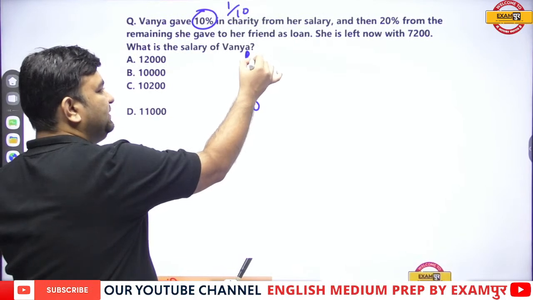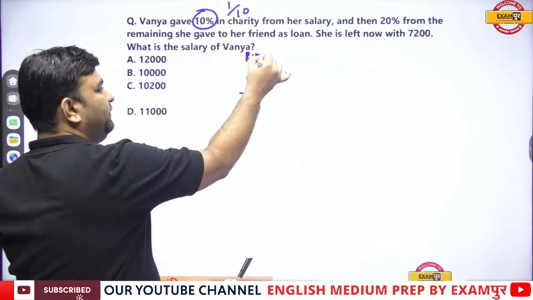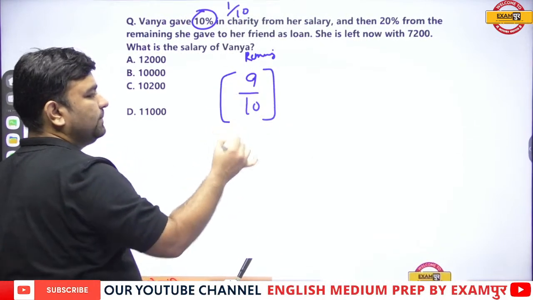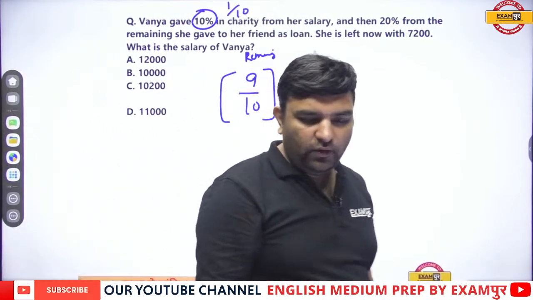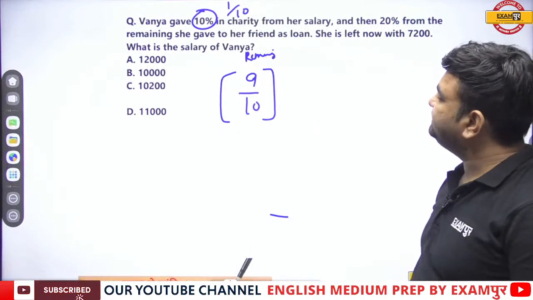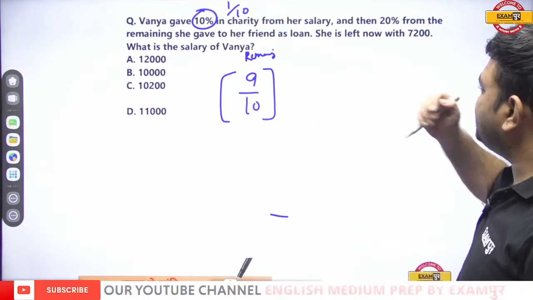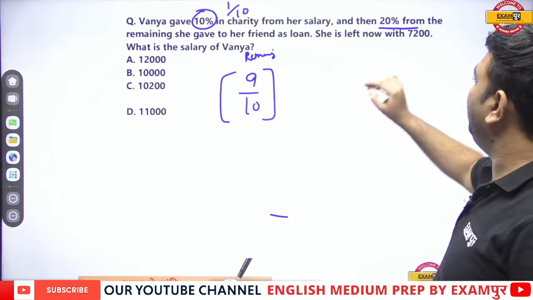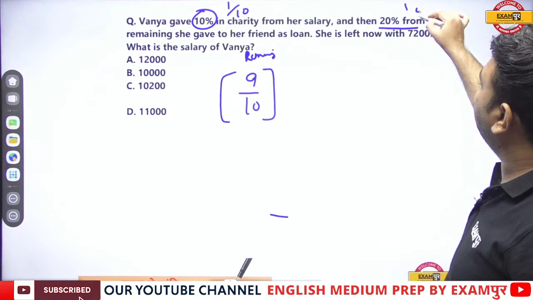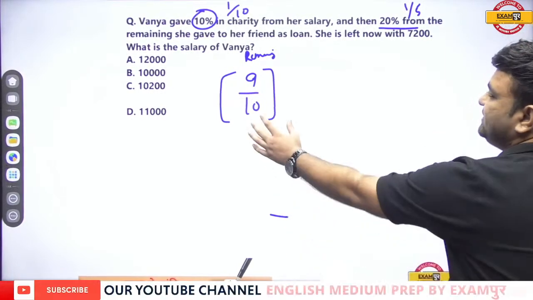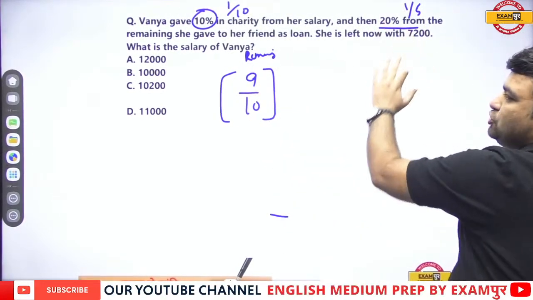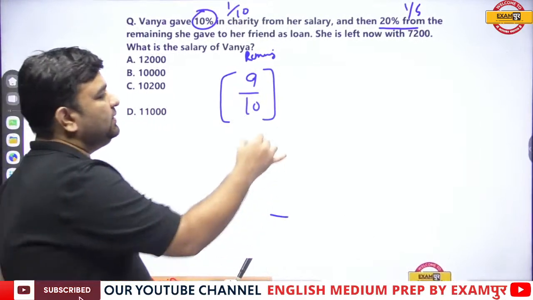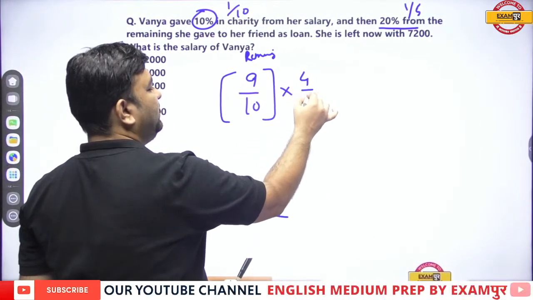We always write the remaining data. From this remaining, 20% she gave to her friend. 20% means 1 by 5. So of this remaining, 1 by 5 is given to the friend. So 4 by 5 is remaining.